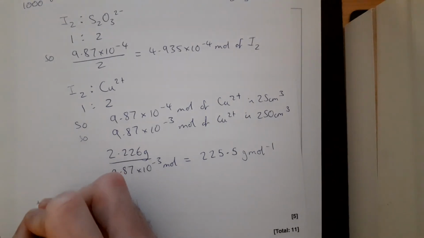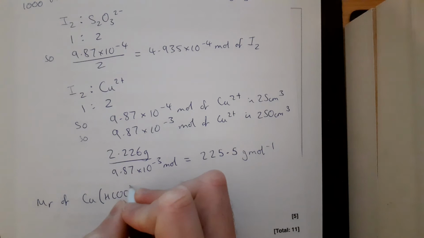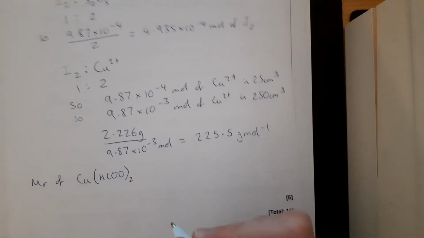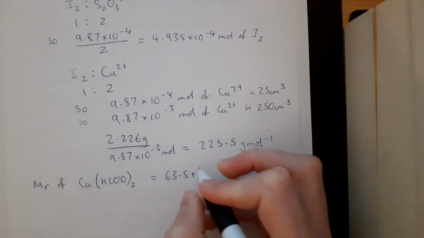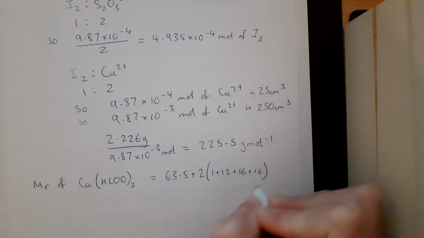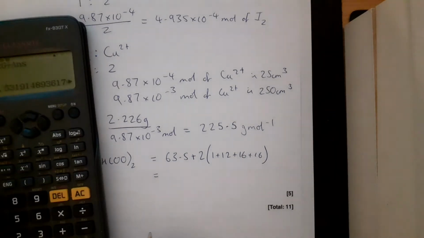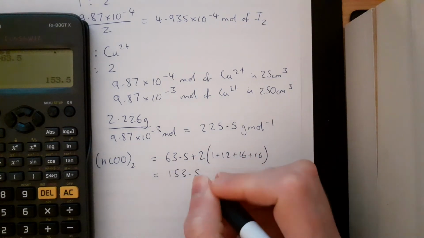Okay. So if we do the Mr of the copper methanoate anhydrous, that's going to be 63.5 plus 2 lots of 1 plus 12 plus 16 plus 16. So what have we got? We've got 32 plus 13, times 2, plus 63.5 is 153.5.